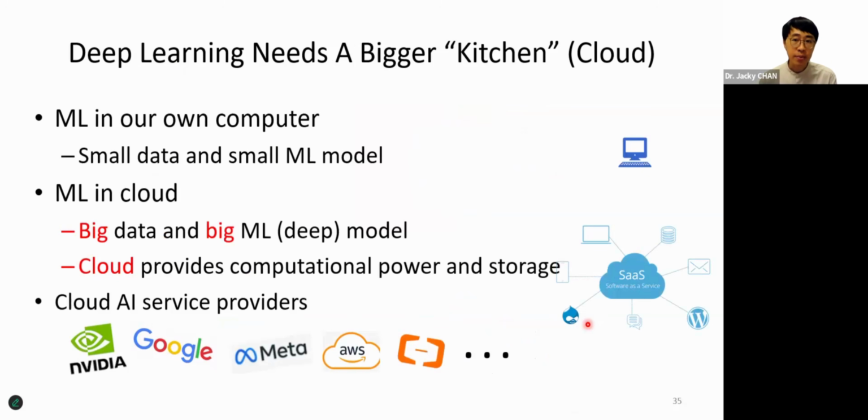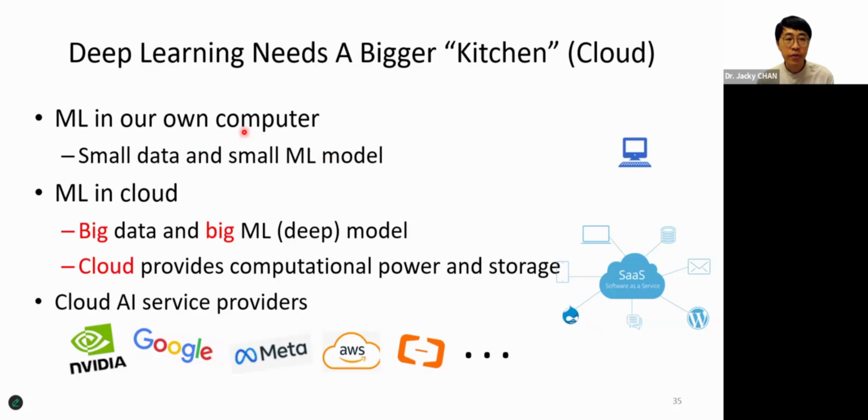Deep learning benefits from large amounts of data, big data, and also very good models, the big deep learning models, which require high computational power. If the data set is small, the model is small, and the problem is not that complicated, you can do the machine learning process with your own computer.